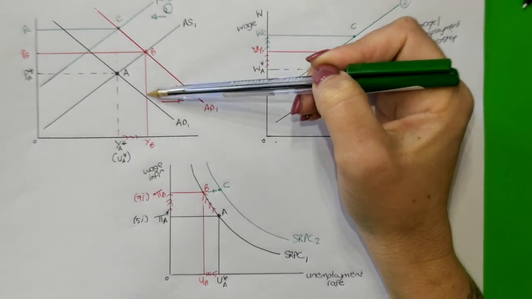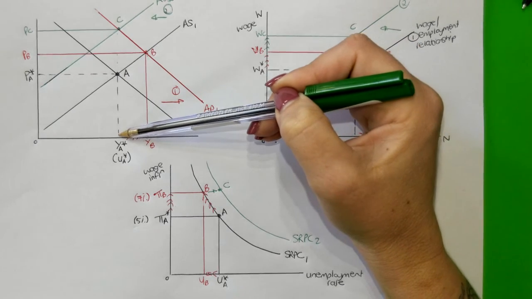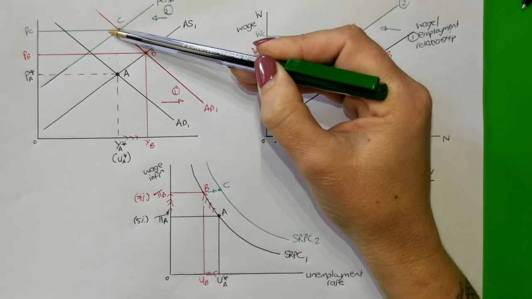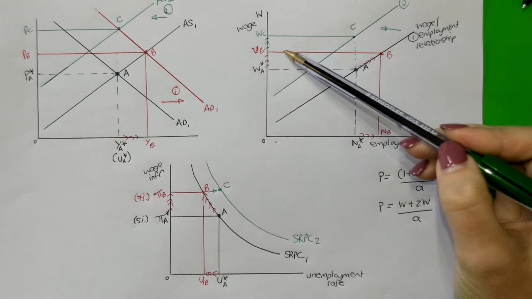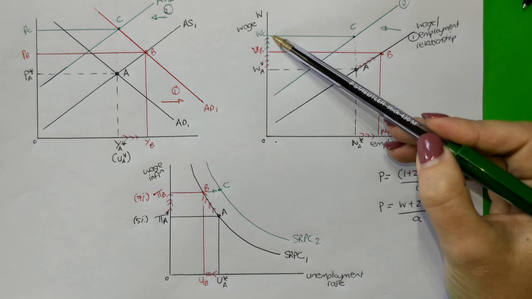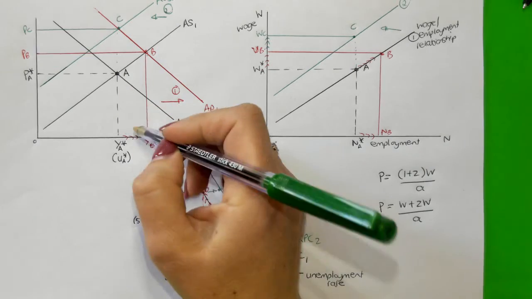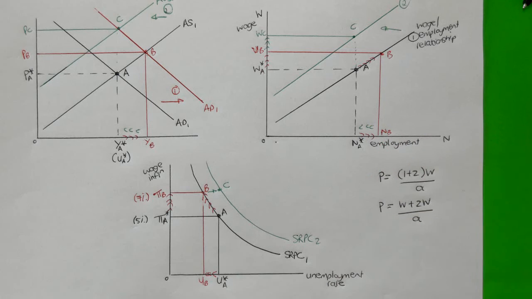and that meant that when they cut back on the amount that they were willing to supply, output fell back to the original level of output. Prices went up though, because firms' costs of production went up, because they had to pay their existing workforce a higher wage. Output has fallen back to the original level of output, and employment falls back to the original level.